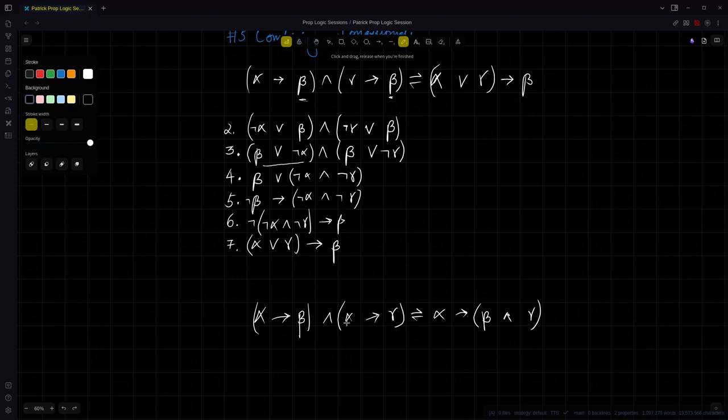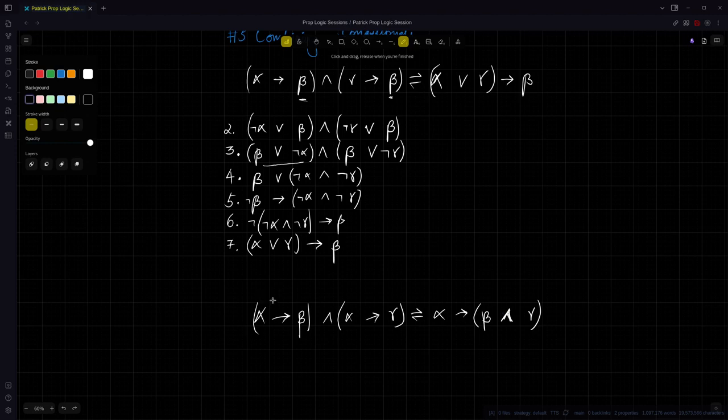Okay, so you're just spotting the pattern. Yes. In the other pattern over here, it was a disjunction. I just spotted a pattern and I was like, yeah, this will be a conjunction. Okay, fair enough.